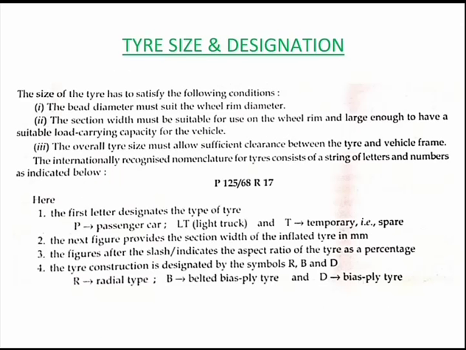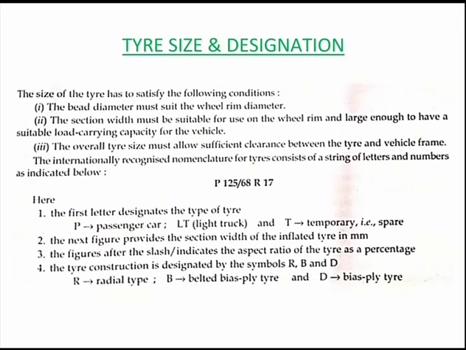The tire size is marked on the sidewall; you can see something like P125/68 R17 stamped there. Why is tire size very important? Because if the proper size of tire is not used on the proper wheel, it won't work in a proper manner.